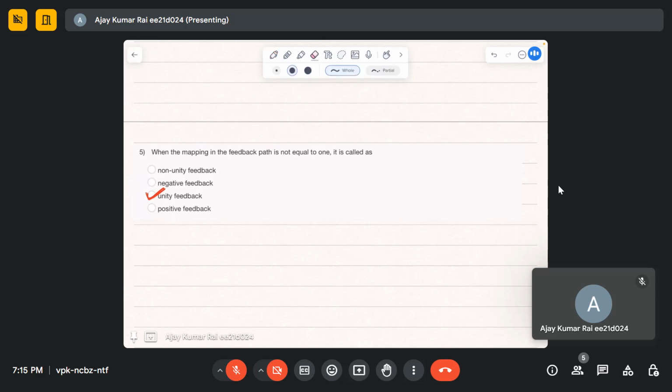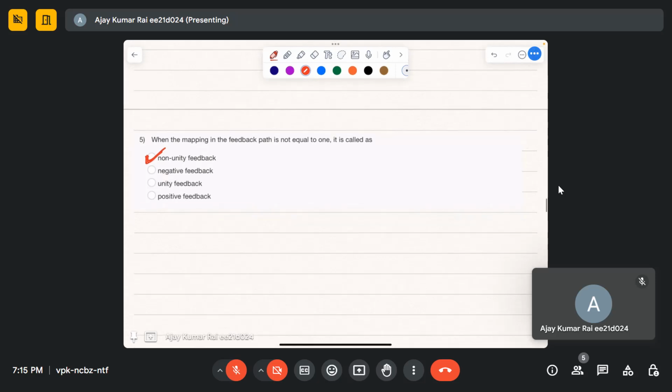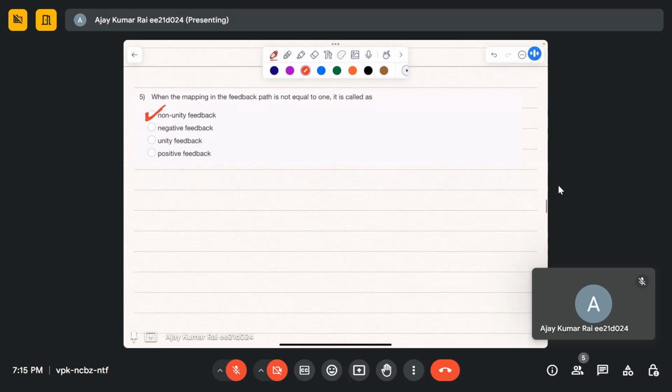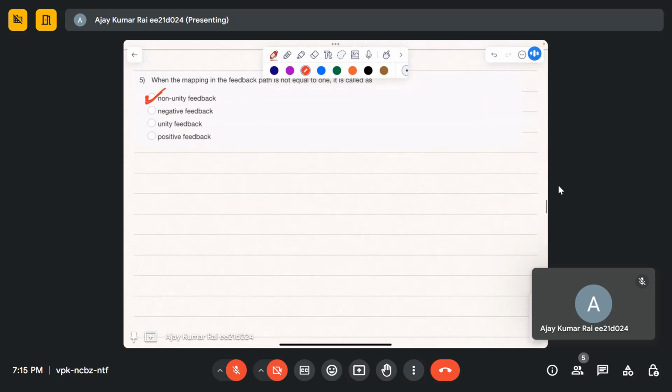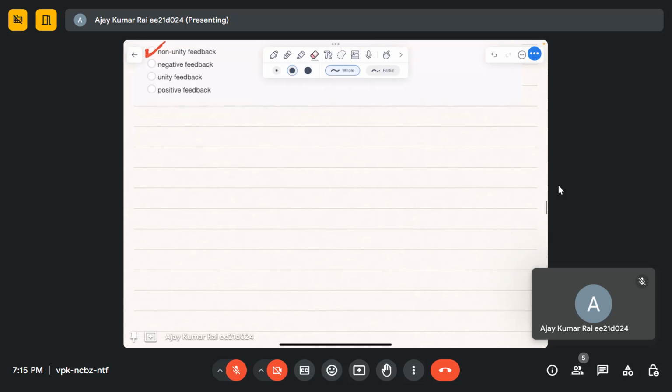Okay, sorry, this is non-unity feedback, correct? You're correct. So if we take the dynamics of the sensor, then it's a non-unity feedback. It is like H(s) is not equal to 1. I don't know whether you have studied this, G(s) is the plant. Okay, let's not go into H(s) and G(s). We'll see that in the next tutorials.